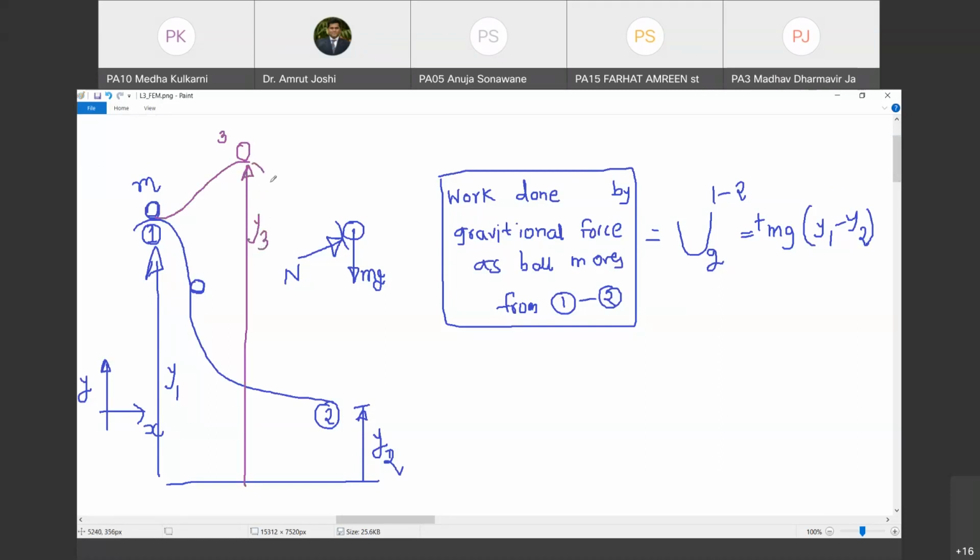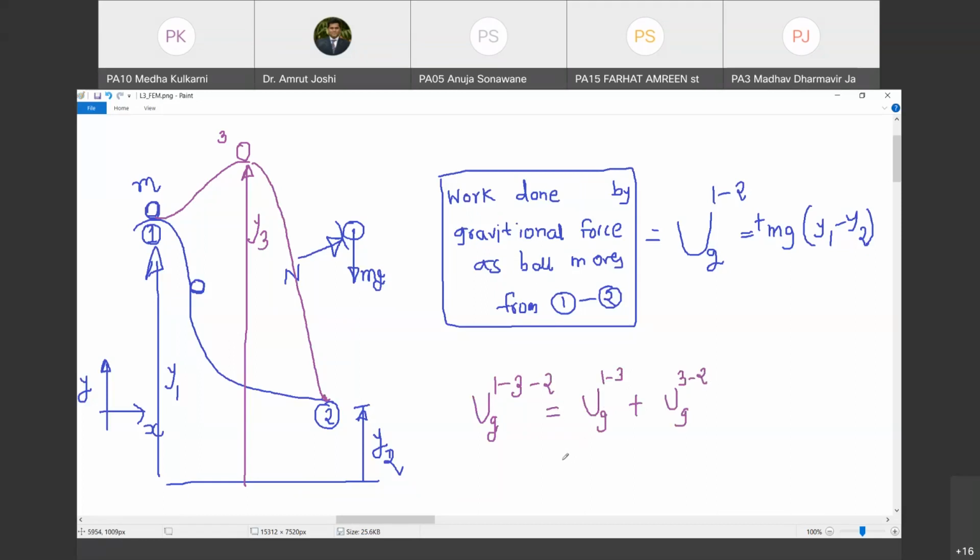And then from 3 it moves to 2. So what is the path now? It goes from 1 to 3 and from 3 to 2. Happy? Yes sir. Can I write the work done by the gravitational force as the work done as it moves from 1 to 3 plus the work done as it moves from 3 to 2?